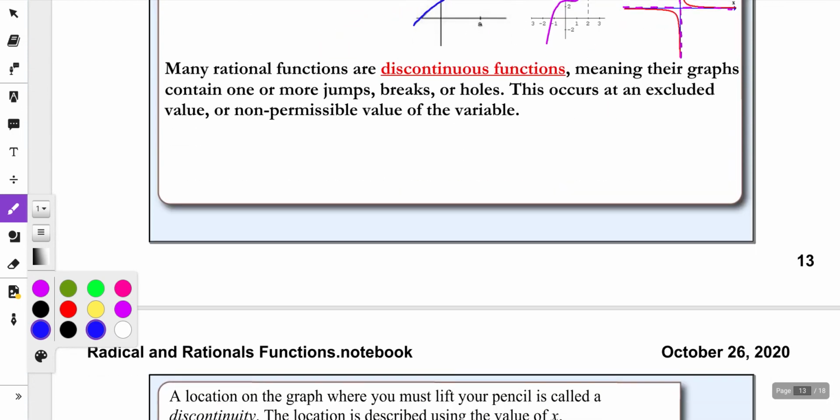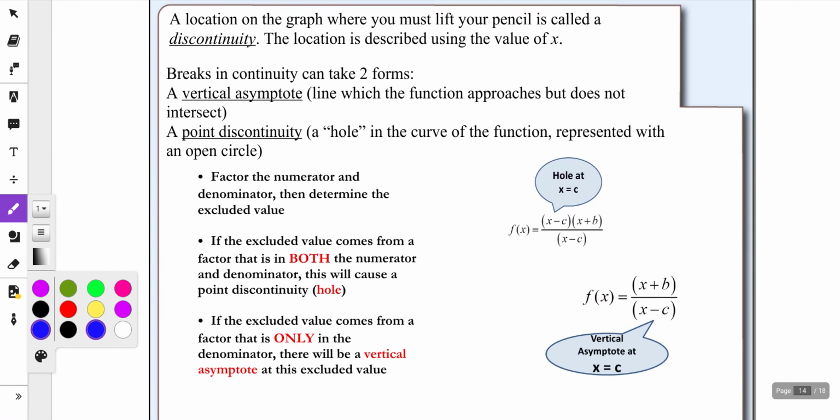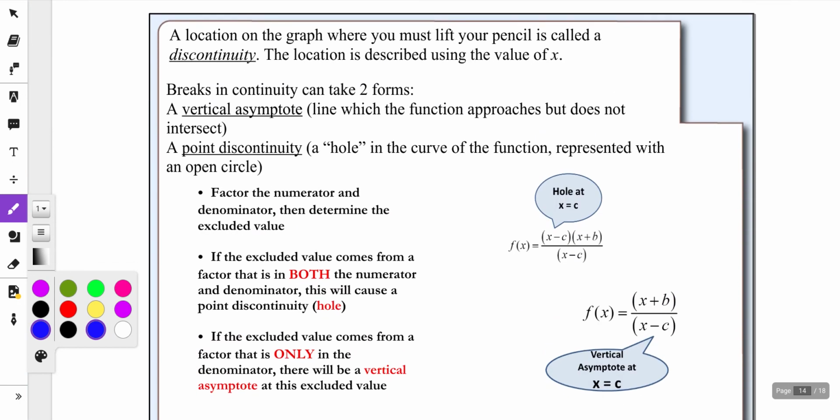So let's look. These holes are called points of discontinuity. I call them holes. I don't know. It's a hole. But if you're looking for it, it's a point of discontinuity.